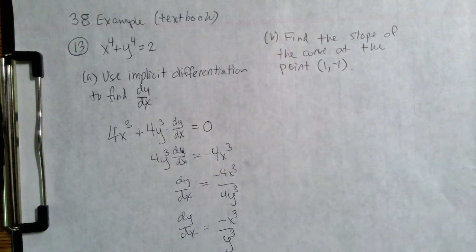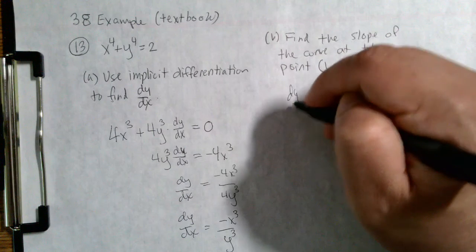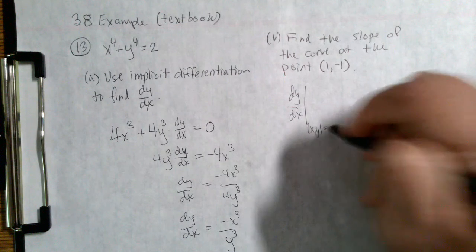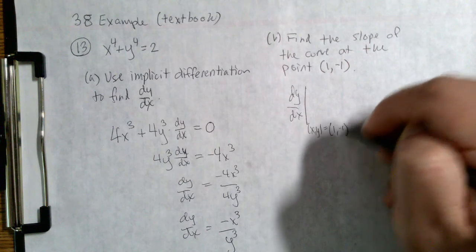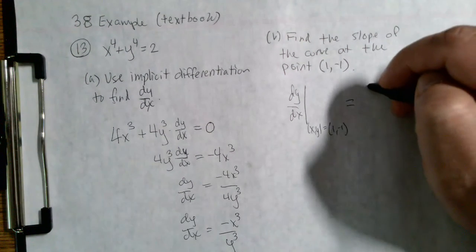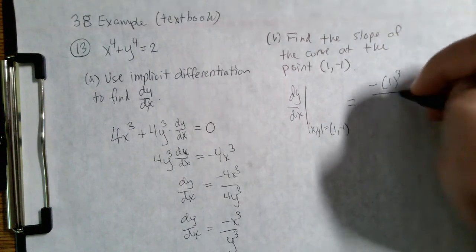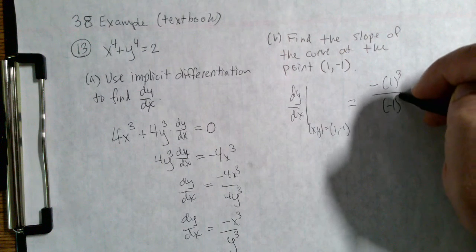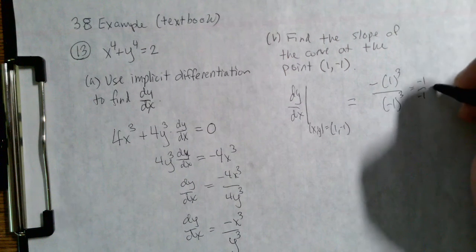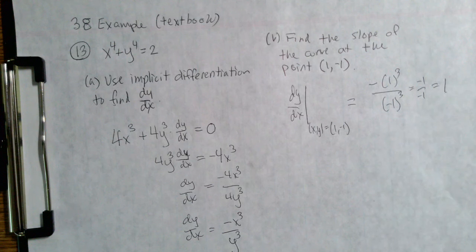Here we're given a point, and in order to find dy dx at that point, take the x and the y and substitute in here. So -1 cubed over -1 cubed. That's going to be -1 over -1, or 1.